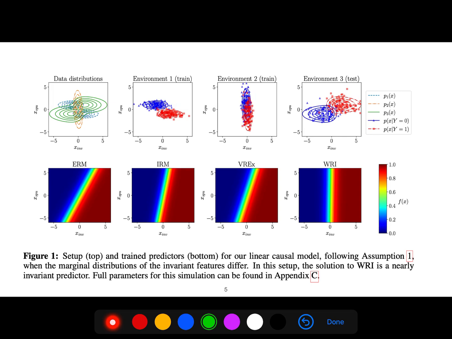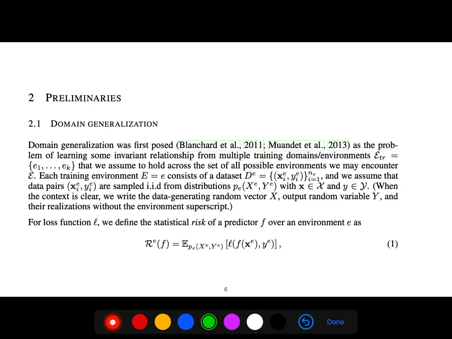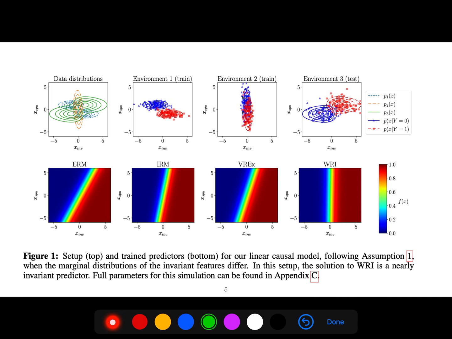So you see the setup in the above, and on the bottom you see the trained predictors for our linear causal model. For loss L, we can define the statistical risk of predictor F over an environment E. So our environment is E. For example, here we have three environments: train, and then test.